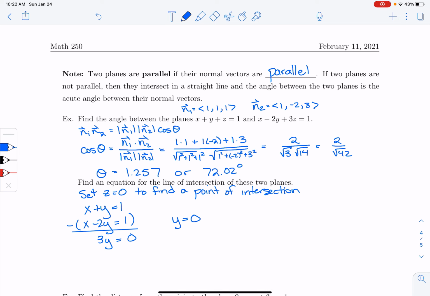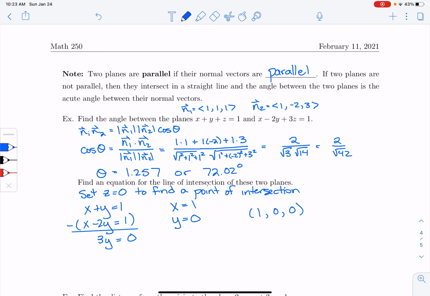Now, if y equals 0, that tells us that x, plugging that into the first equation, must be 1. And so our point of intersection of the two planes is (1, 0, 0). You can verify that by looking at those two equations, and notice that if we plug in 0 for y and z in each of those two equations, we do get that 1 equals 1.